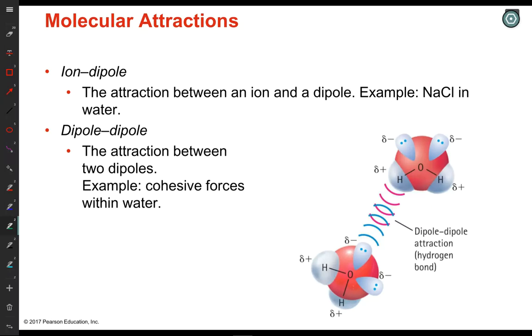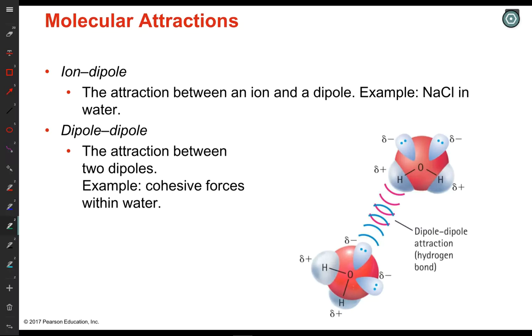Okay, so that's our strongest of the bonds between molecules. Our second one is dipole-dipole. So that's an example here. We're showing the hydrogen bond, as Hosanna correctly named it, that's going on between a water molecule here and another water molecule.